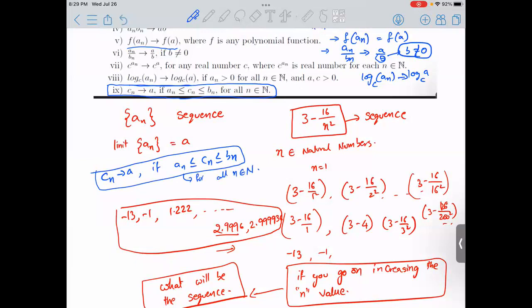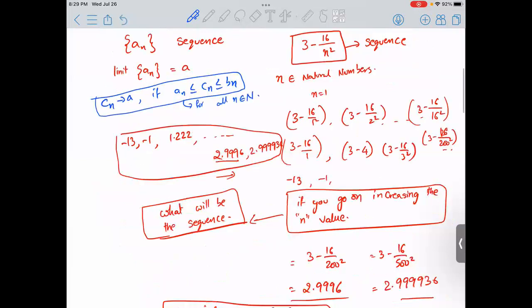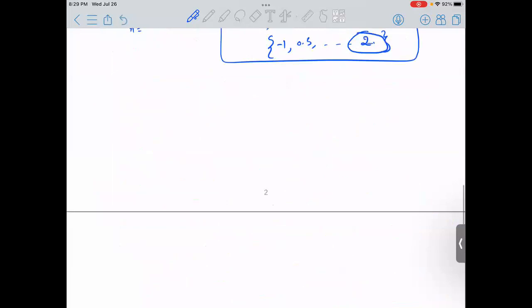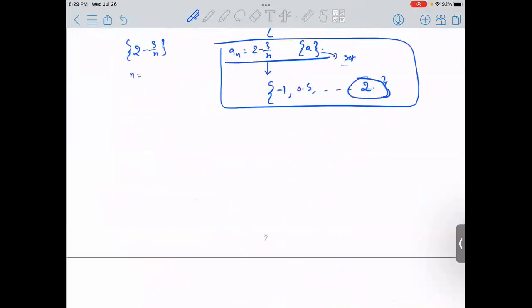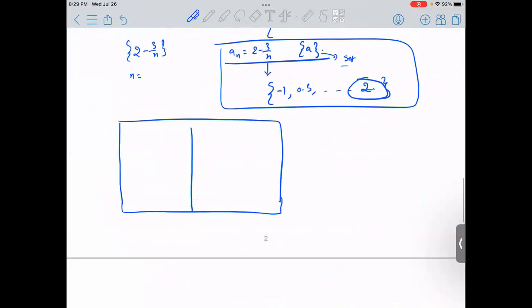The sandwich rule was explained in the lecture video. I want to introduce a new term: have you ever heard of Rolle's intermediate value theorem?